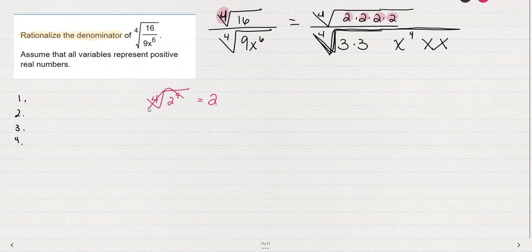So I'm left with a 2. So in the numerator, in the top, we've got a 2. In the denominator, you see that we've got this x to the 4th. The 4th root of x to the 4th cancels each other out. So this x, the x to the 4th, comes out of the radical as just an x.